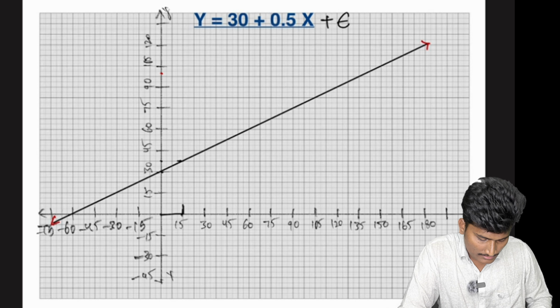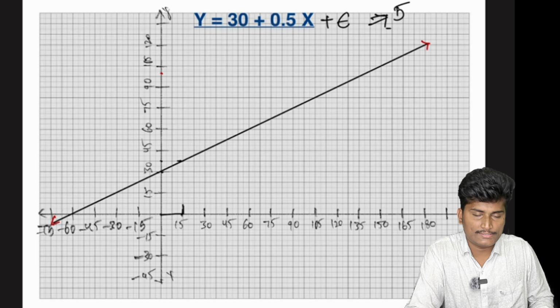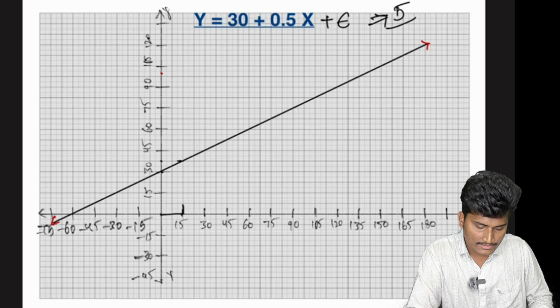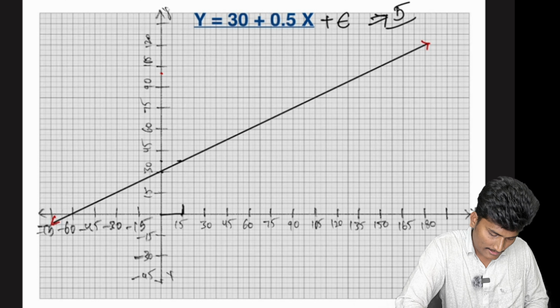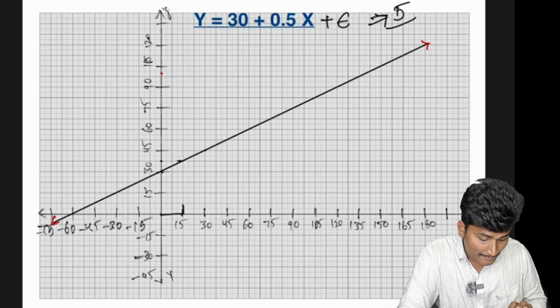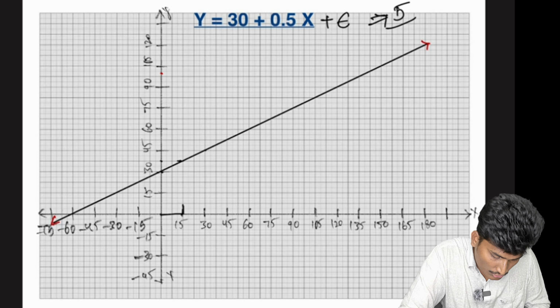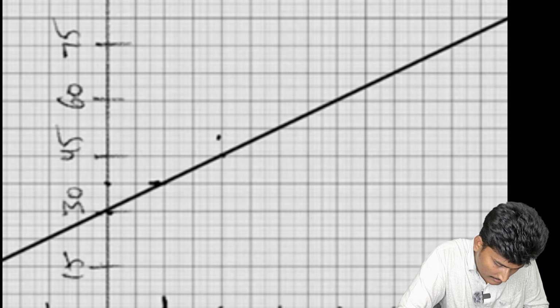Say for example, we have predicted this for 5 students. One student has studied for 30 hours and what he should have got was 45 marks, but maybe he got 50 marks. So I should represent that error term here.